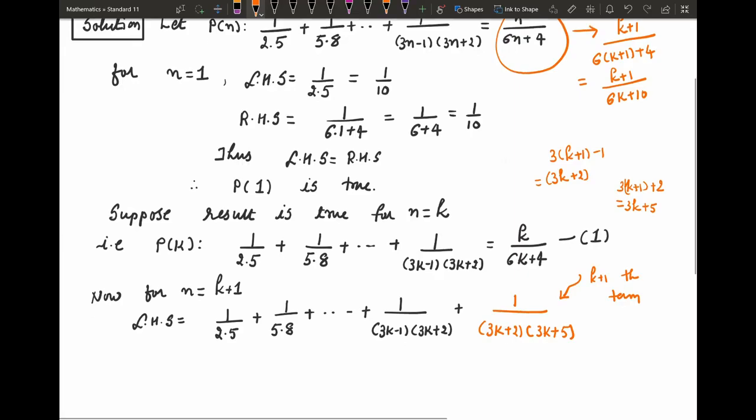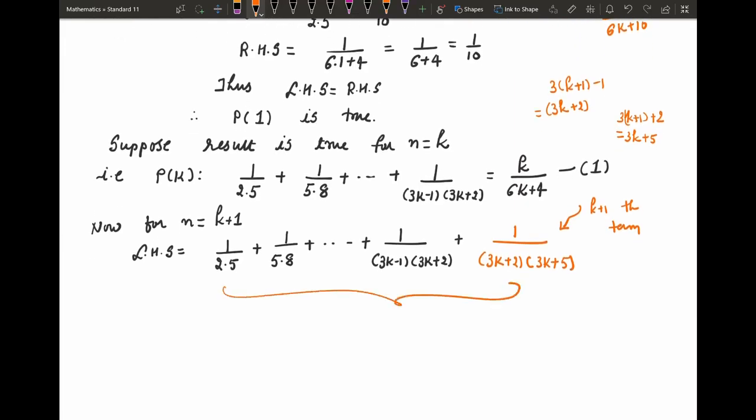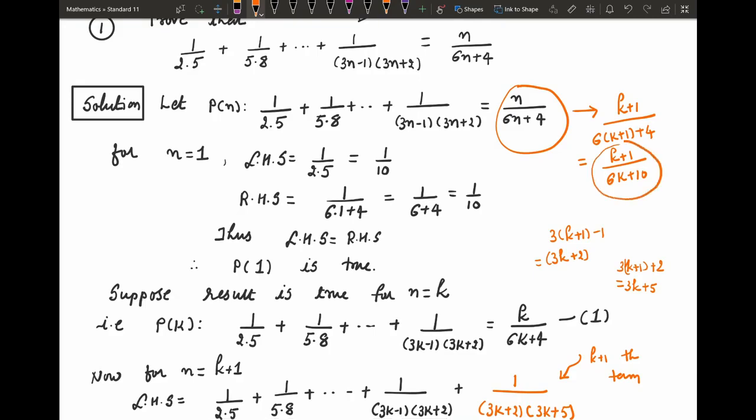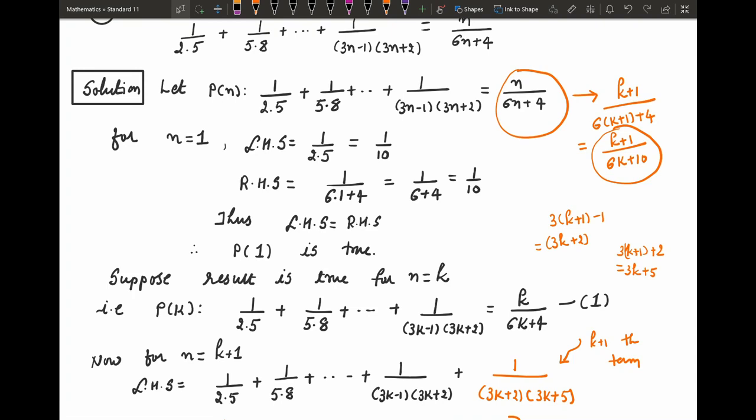If sum of this one is k plus 1 upon 6k plus 10, then we can claim that it is exactly right hand side with n equal to k plus 1. So we can claim LHS equal to RHS.